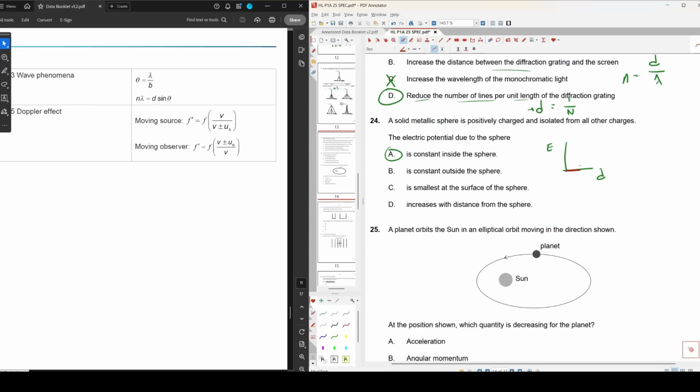And then all of a sudden you get outside the sphere, at the radius of the sphere, the regular E equation happens. And so V looks like this, because E is the derivative of V or something like that. Just memorize these two graphs. It's constant inside of a sphere.